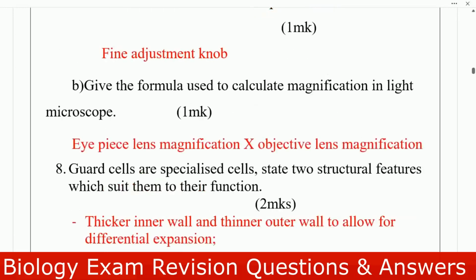That one is the fine adjustment knob. Next, give the formula used to calculate magnification in the light microscope. That one is eyepiece lens magnification times objective lens magnification.